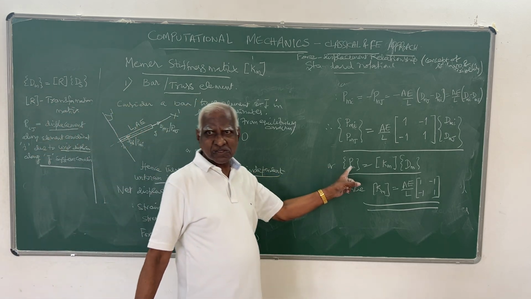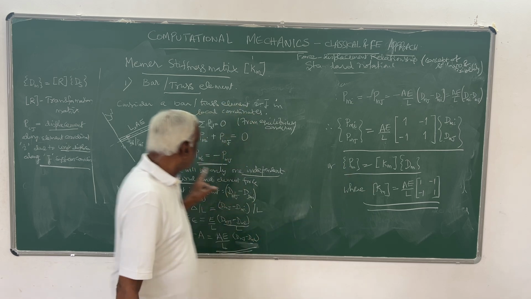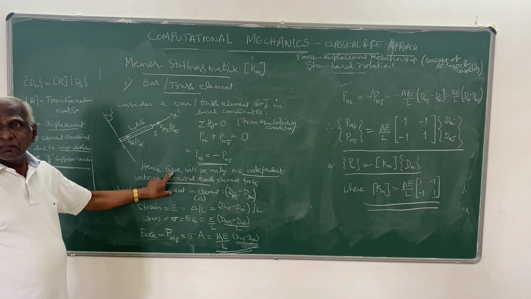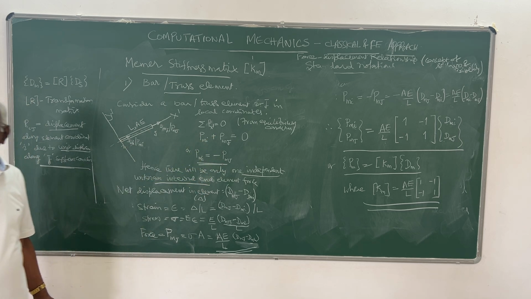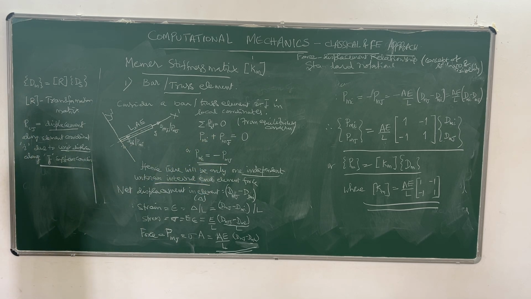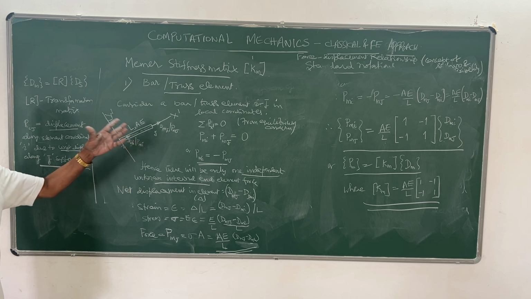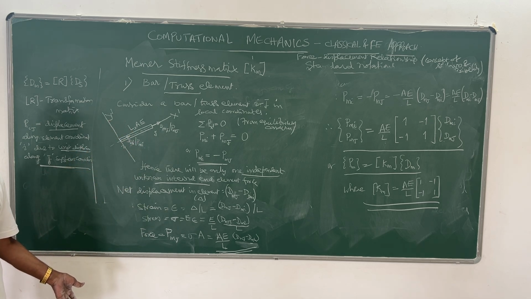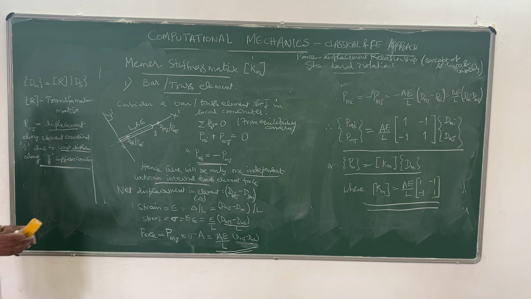Independent member end forces we have to use. That is defined as stiffness matrix. So now I have given the expression for member end stiffness. Km is known, right? Like that, Ks can be determined, right?